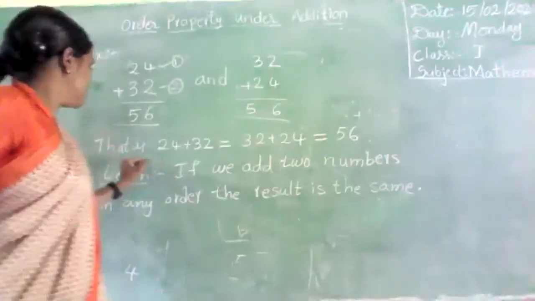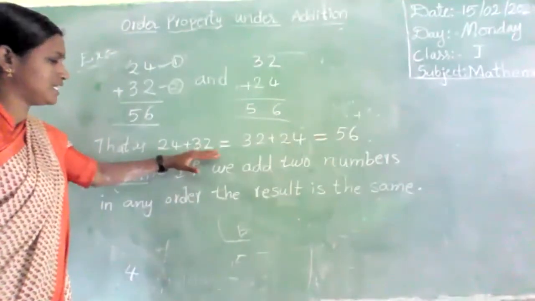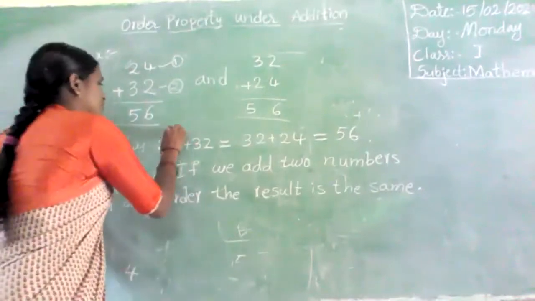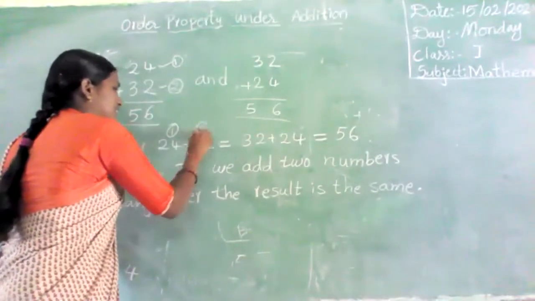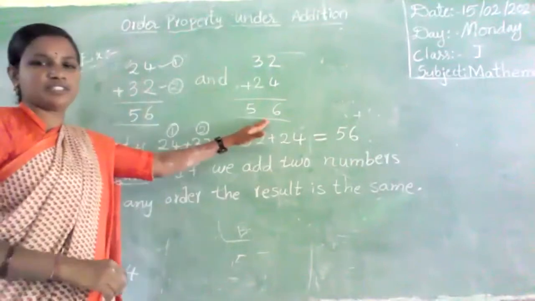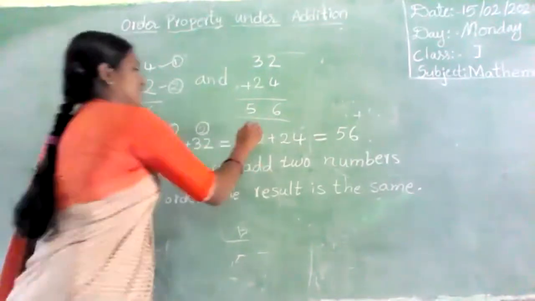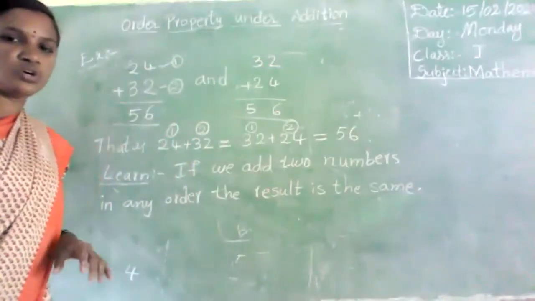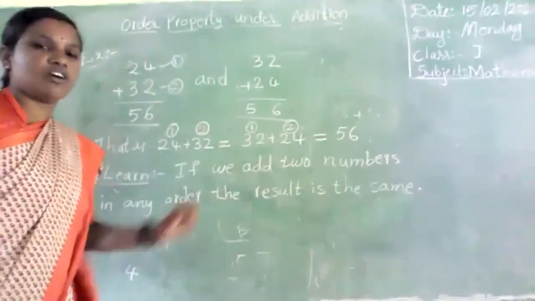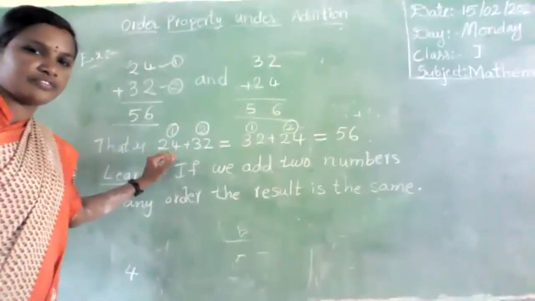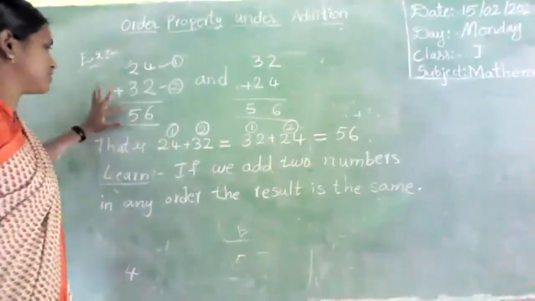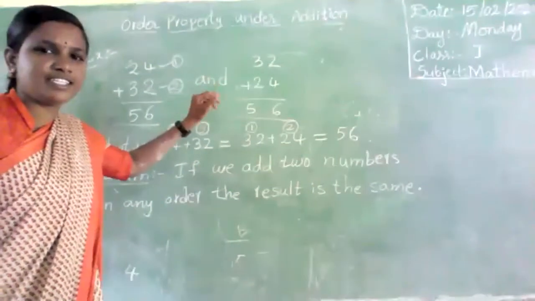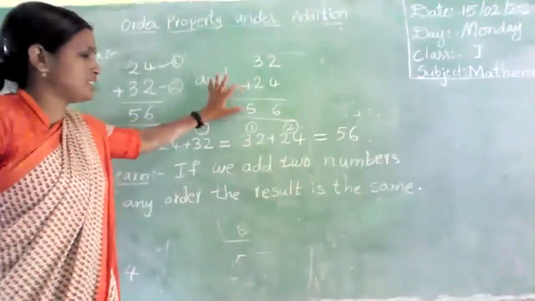Okay? That is 24 plus 32. First number is 24, second number is 32. And next one, first number is 32, next number is 24. So we add in the first order, next we change the order, 32 plus 24.